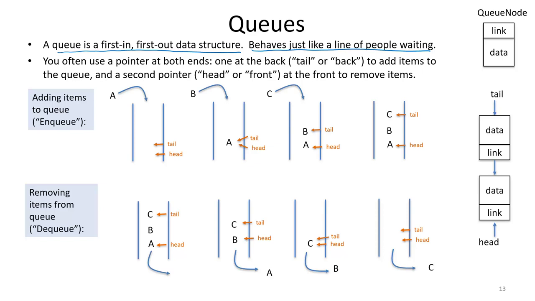So the first item that we add will be the first item that is removed. Queue data structures are very important in applications such as manufacturing, or in a hospital, or in order tracking. Basically, any time you want to store a list of items in a particular order, a queue can be really important.